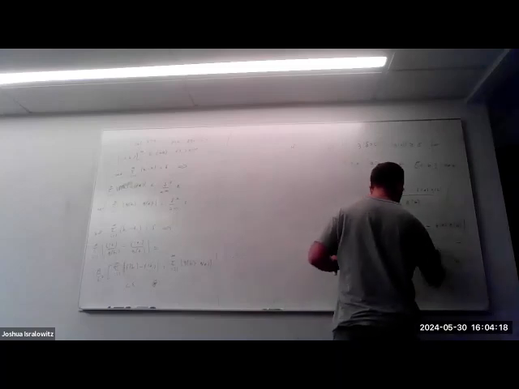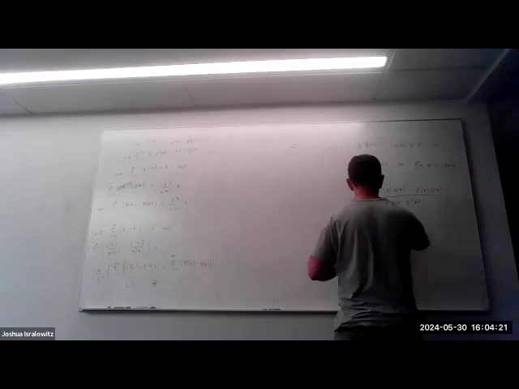Yeah, 5 is just that little variant of Chebyshev's inequality, really.